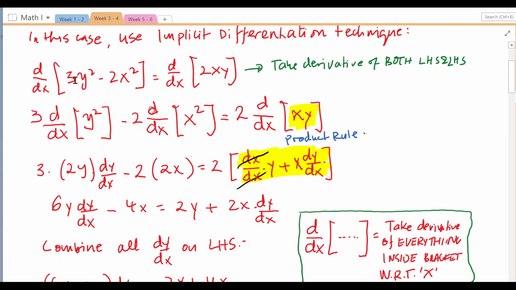In this case, we can take the constant out, 3 in this case. So we take the derivative of y², everything inside the square bracket, with respect to x.